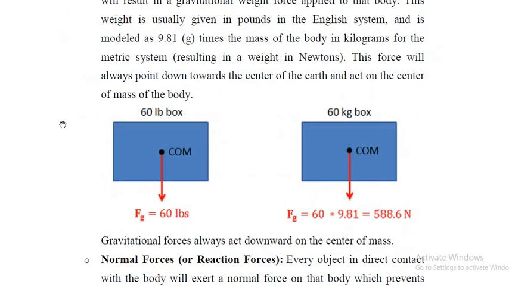If you analyze this, you can see that this is a box of weight 60 lb, given in pounds. This is the center of mass, Fg is acting. If we multiply 60 by 9.81, we get 588.6 N, the actual weight of the body, acting downwards.